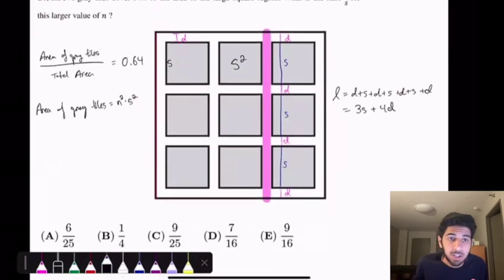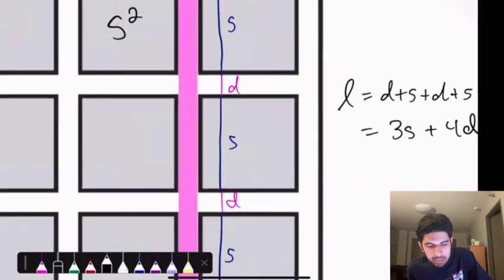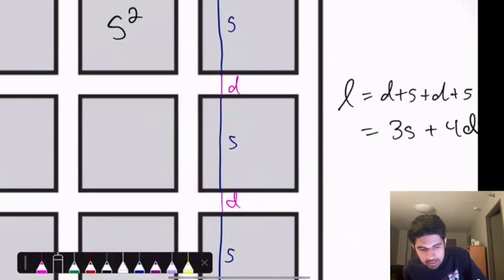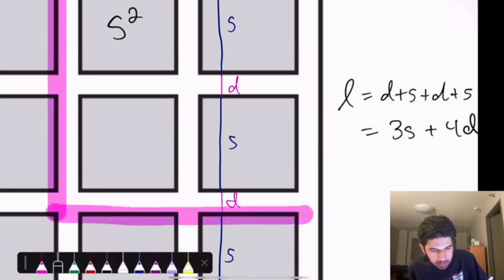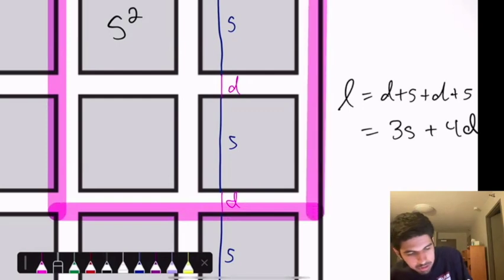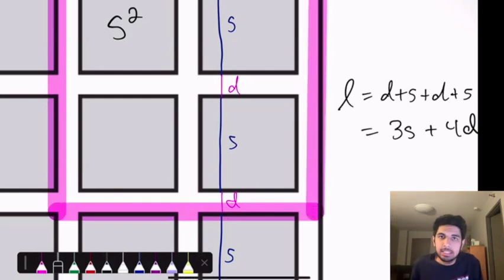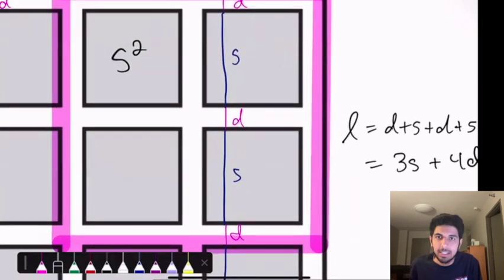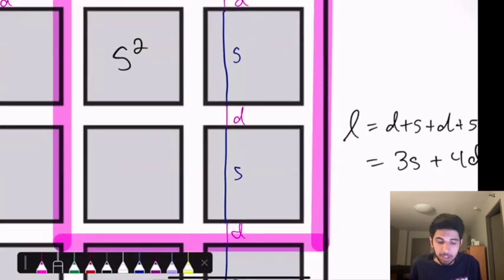What happens for other values of n? Well, let's look at n equals 2. I'll erase that and draw these lines. We're going to look inside the pink region, which depicts the garden for n equals 2.